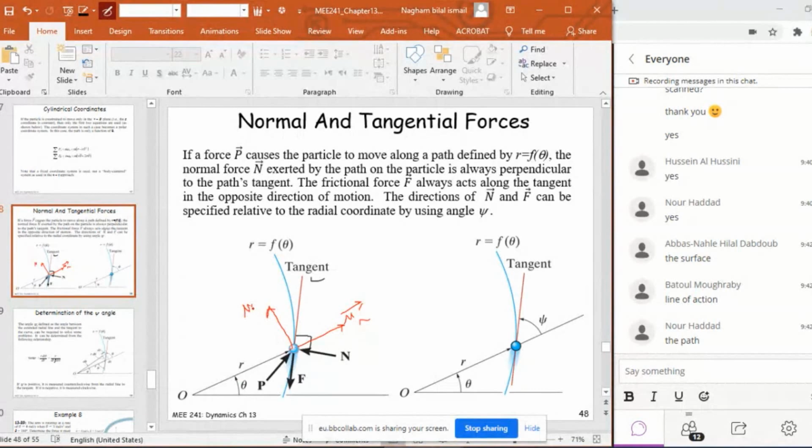Okay, guys? And I want to do sum of FR and sum of F theta in order to find my unknown. So I'm going to do sum of FR equals MAR, and sum of F theta equals MA theta.